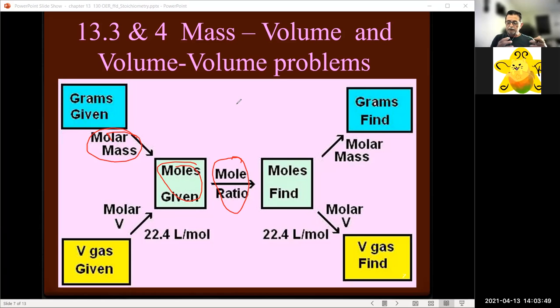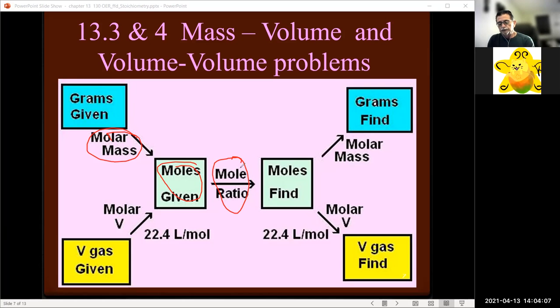In other words, you may have two reactants and two products, but during these calculations, you'll be between the two reactants or between one of the reactants and one of the products, and that's it. Everybody else in the equation we don't have to worry about.